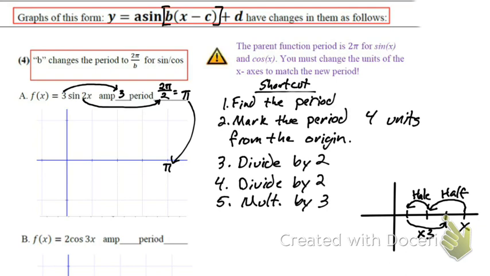So what's happening here? See how we have pi units out? I want that halfway point, which is obviously pi over 2. If this is pi, the halfway point is pi over 2. But that really is just divide this number by 2. So we divide it by 2 and we put what we got there. So pi divided by 2.